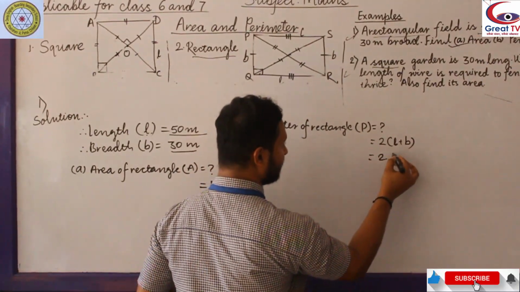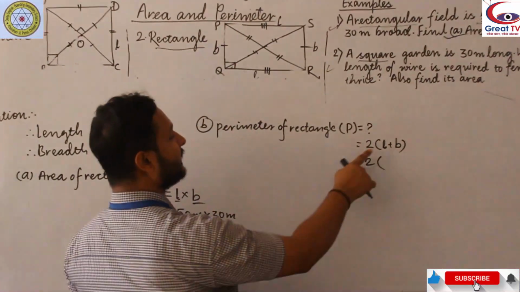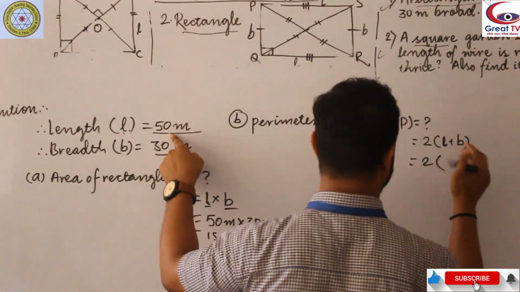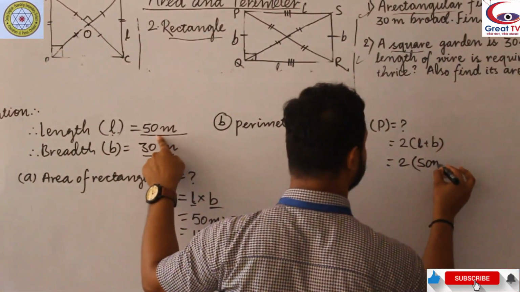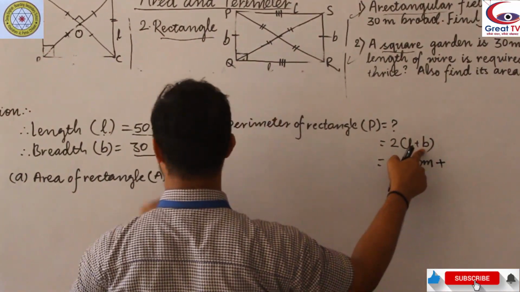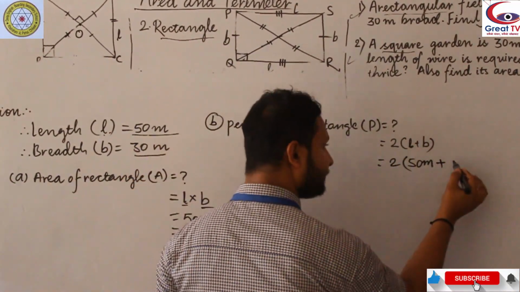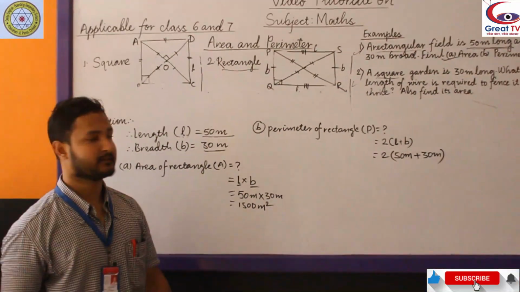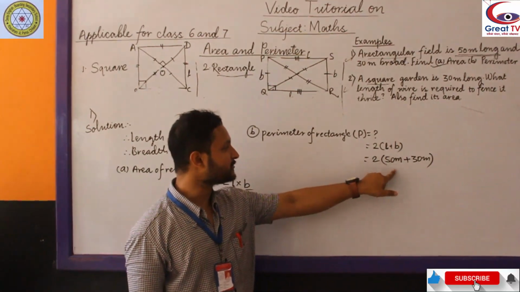So 2 times the value of L, which is 50 meter, given here, plus the value of B, which is 30 meter. 2 times 50 meter plus 30 meter.